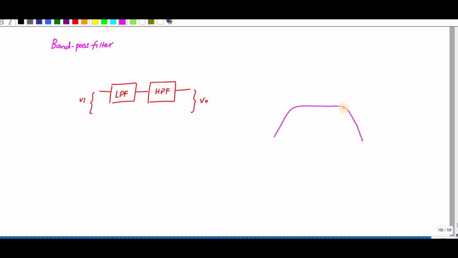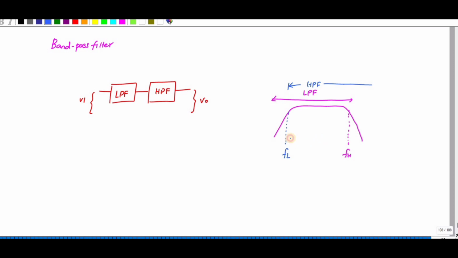So this is nothing but FH. Okay. So till this one, it is nothing but a low pass filter, and this is your FL. Okay. So till this one, it is a high pass filter.